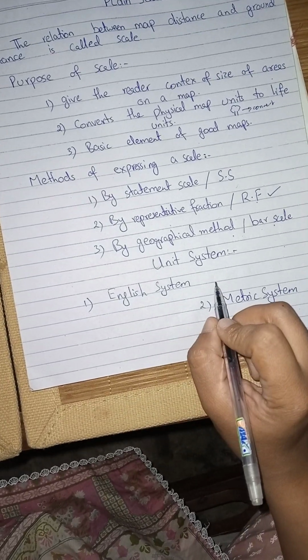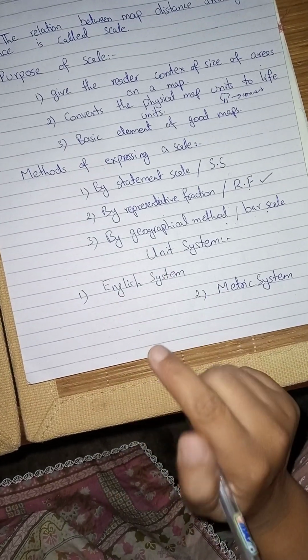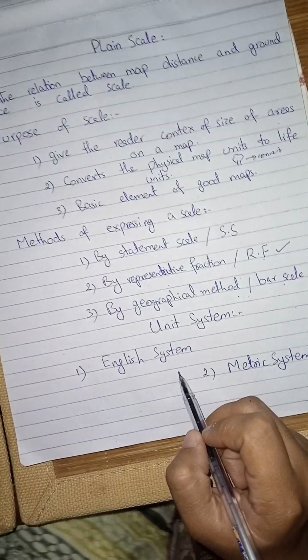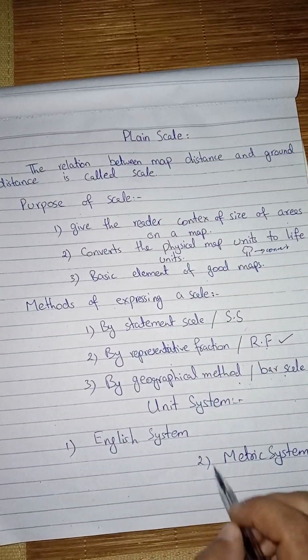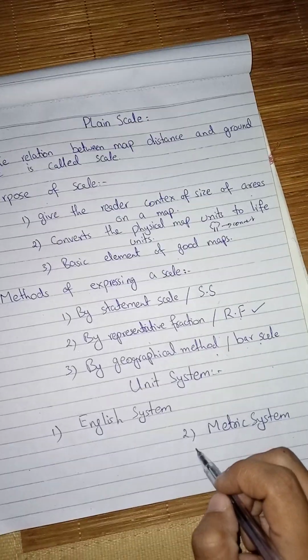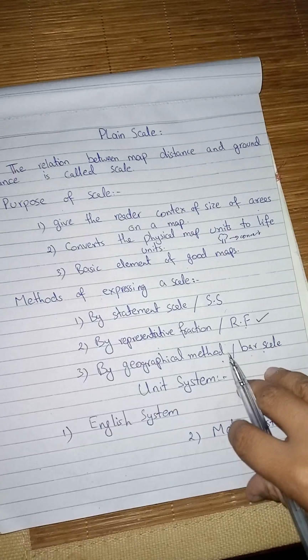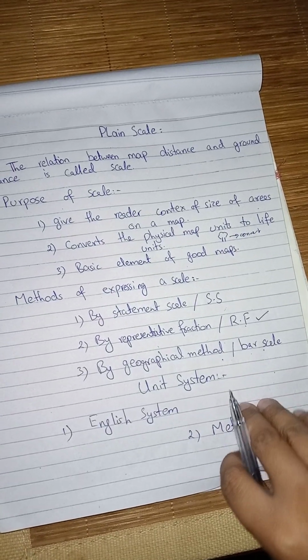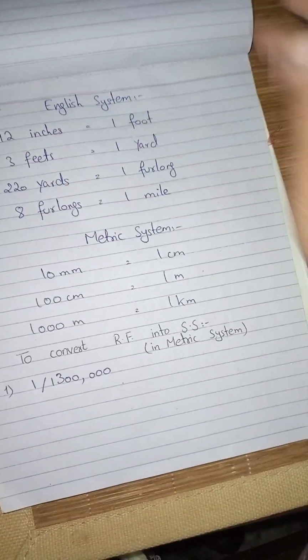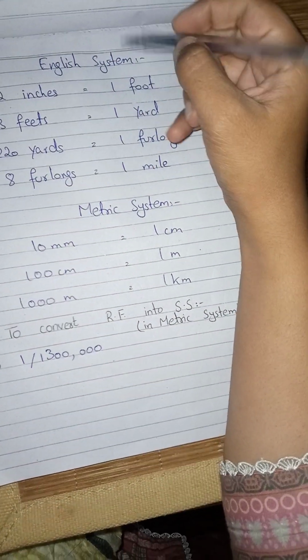The unit systems we use in scale are basically two: the English system and the metric system. These two unit systems are really important in scales, and they help to convert real-life features into map features.